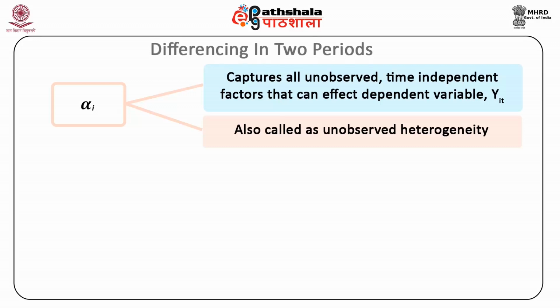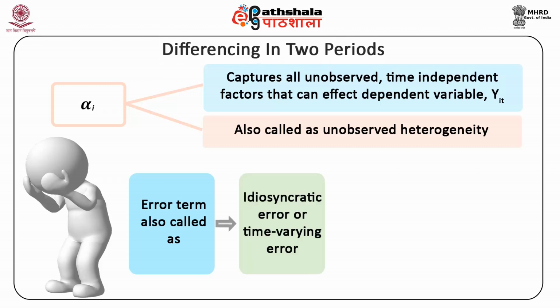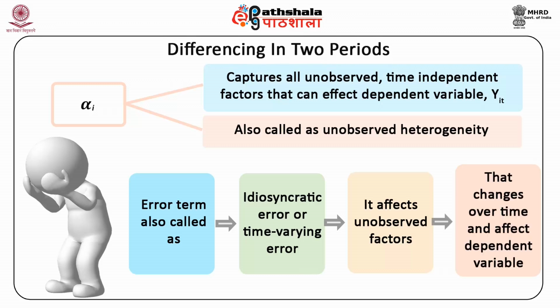In applied work, alpha_i is sometimes also called unobserved heterogeneity, or individual heterogeneity, or firm heterogeneity, or city heterogeneity, or state heterogeneity, etc. The error term used in this model, u_it, is often called idiosyncratic error or time-varying error. It is called so because it represents unobserved factors that change over time and affect dependent variable y_it.